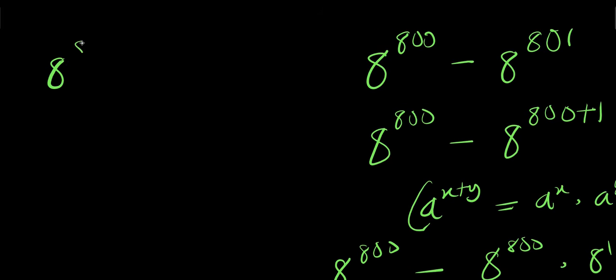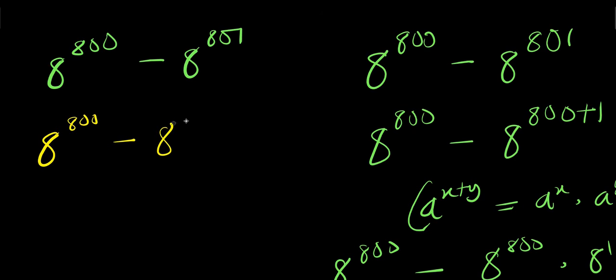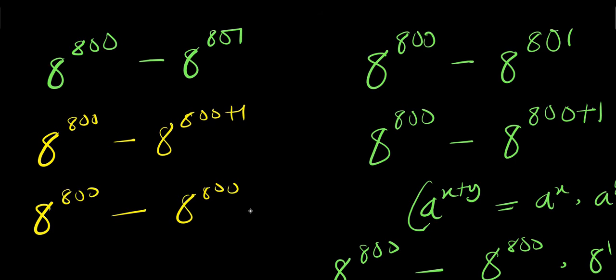If you have 8 power 800 minus 8 power 801, you have 8 power 800 minus 8 power 800 plus 1. So this gives you 8 power 800 minus 8 power 800 times 8 power 1.